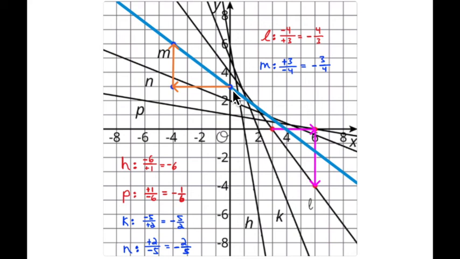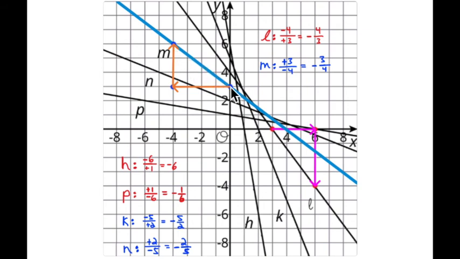Sorry. If I start here and go to here, whether I go this way and up or this way and over, it's still going to be a negative 4 along the x-axis and a positive 3 along the y-axis, no matter where I start and what direction I go.